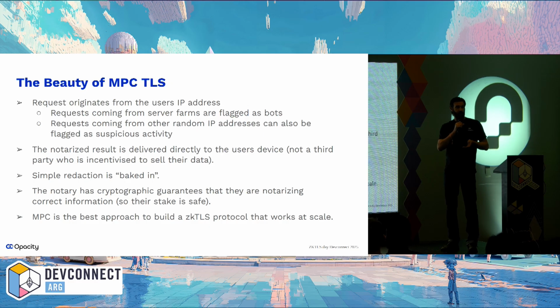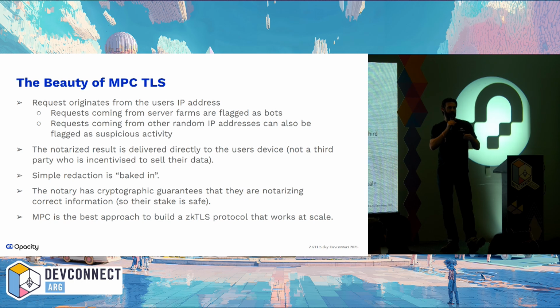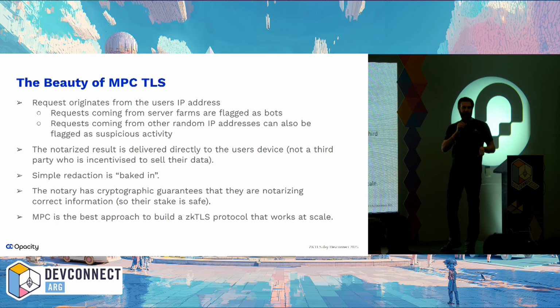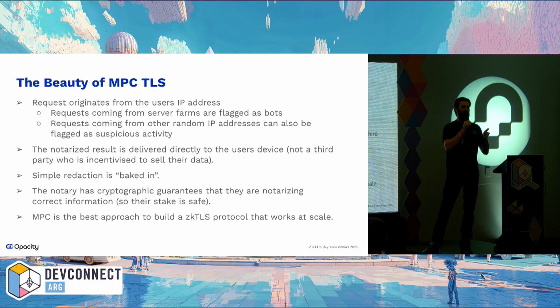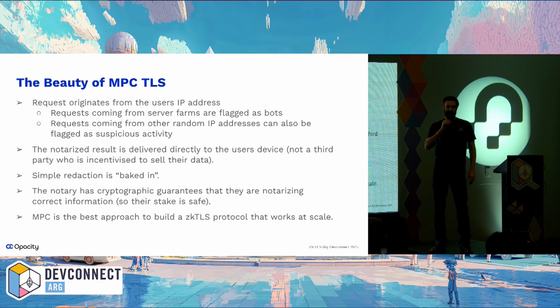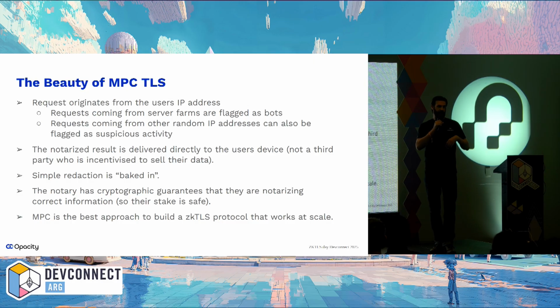One problem that is already solved by TLS Notary, the request comes from the user's IP address, which is just great, right? If the request comes from an AWS server, that's going to immediately get flagged as a bot, right? They're going to reject that. They're going to say, hey, suspicious activity.